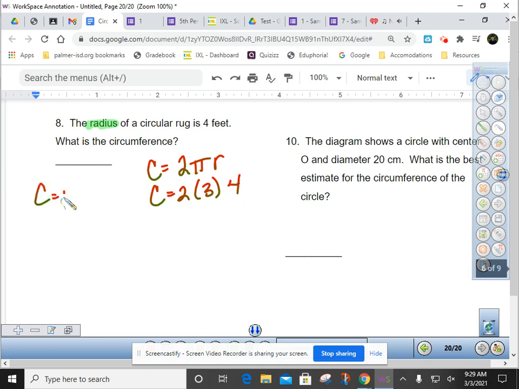If you use C equals pi d, you're gonna have C equals 3 times what? 8, because it gives you the radius is 4. What is the diameter? 8. You're gonna get the same answer. What do you get? 24.